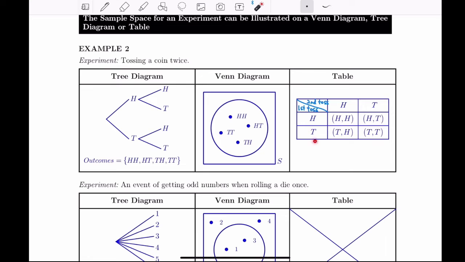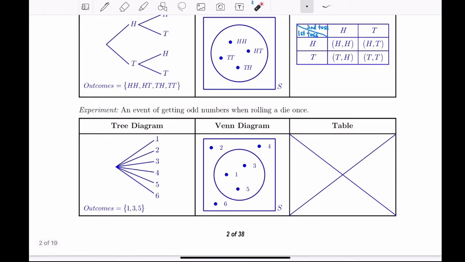If our first toss is tail and our second toss is head, we're going to write our answer as tail head. Same goes if we have first toss as head, second toss we get tail, so we're going to write our answer as head tail. And if we get both first toss and second toss tail, the way we're going to write our answer is tail tail.